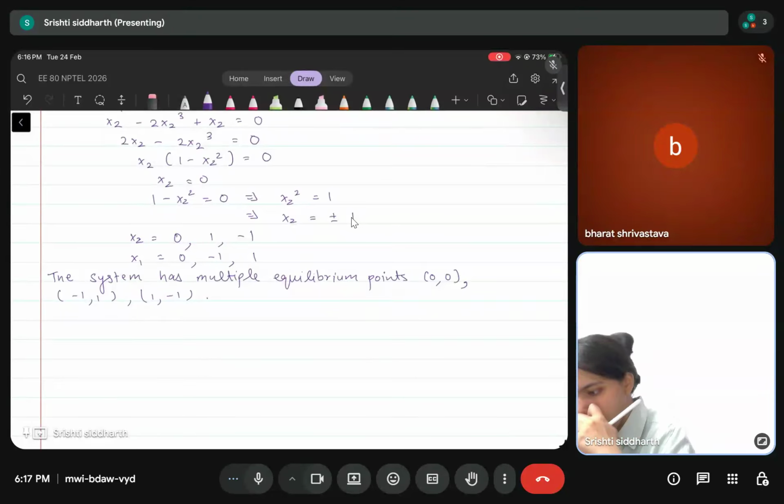We are looking at functions like V of x equals x transpose Q x, where Q is a matrix.